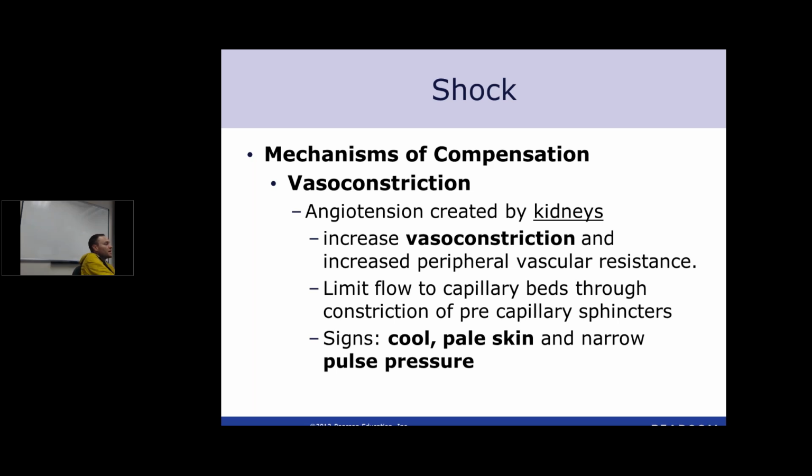The angiotensin basically limits flow through the capillary beds. So they bypass the capillary beds and go straight from the arterial system to the venous system in order to improve that blood pressure.